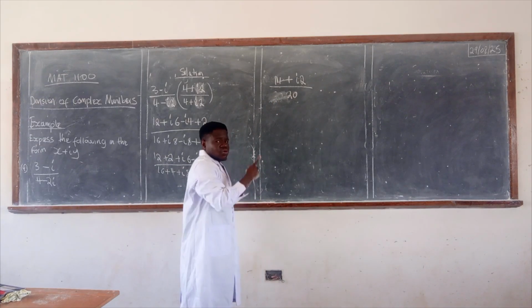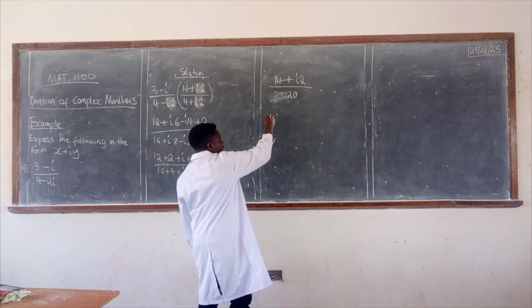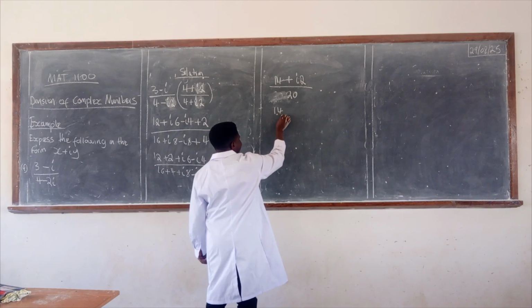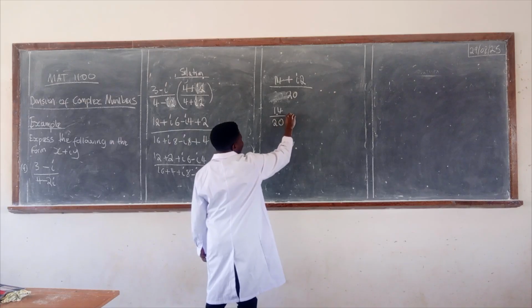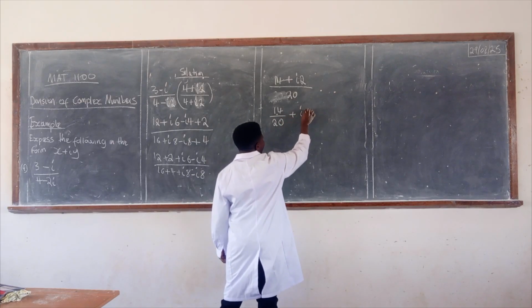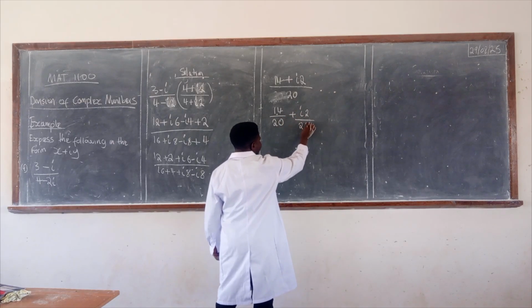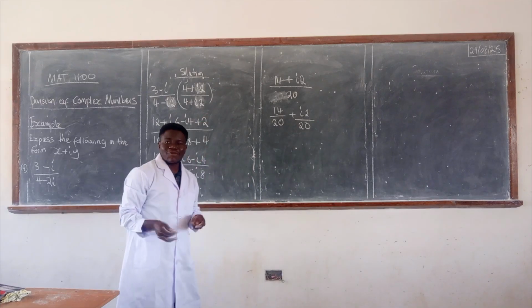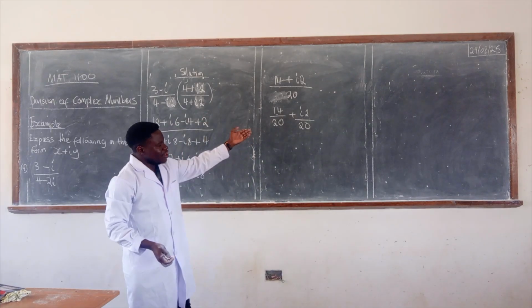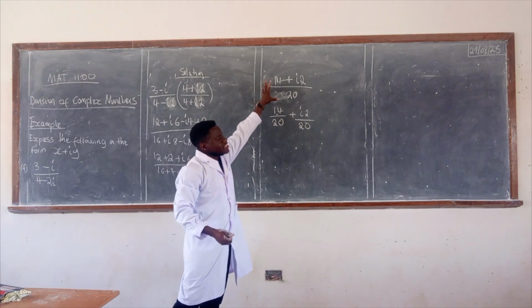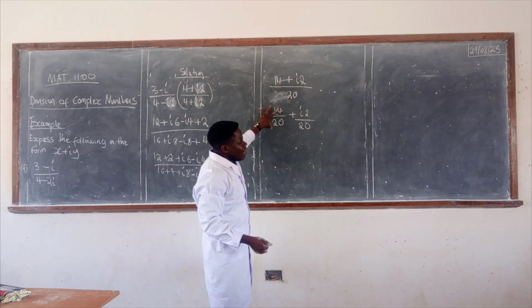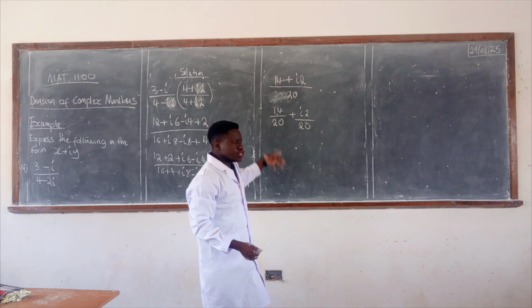Another way of writing this is the same as 14 over 20 plus i2 over 20. Remember when we're dealing with fractions, in somewhere grade 1, grade 2, you have to find the common denominator. So this is just the same as that. Now we have to simplify this expression to its lowest terms.